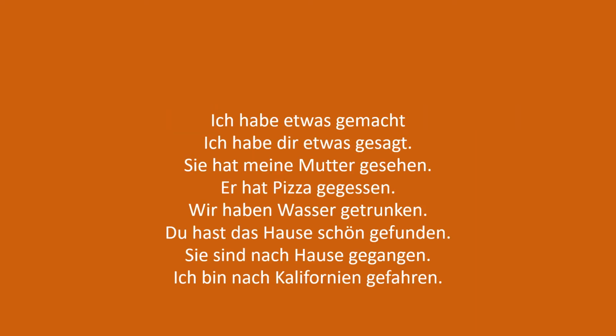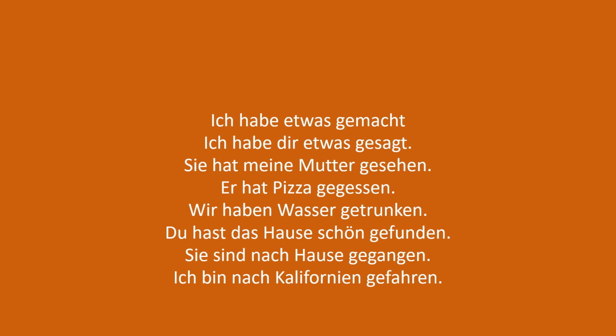Alright, so we have packed a whole bunch into this one lesson, which I think is a good thing. So let's just quickly review the different verbs and their past forms that we've seen. Ich habe etwas gemacht. I did something, or I made something. Ich habe dir etwas gesagt. I said something to you, or I told you something. Sie hat meine Mutter gesehen. She saw my mom, or my mother.